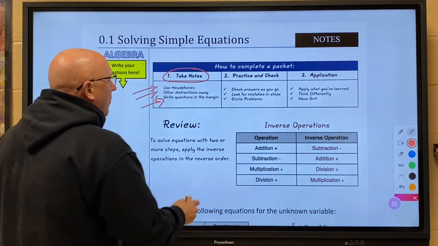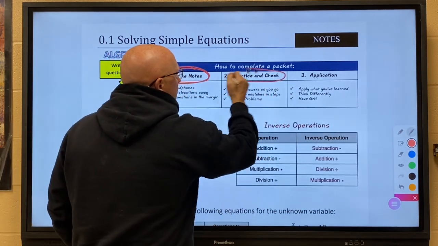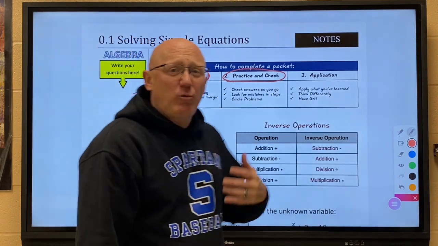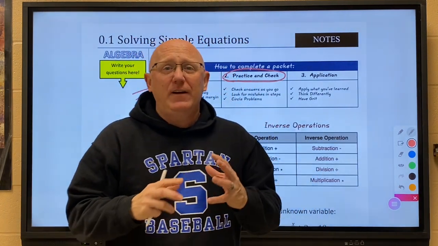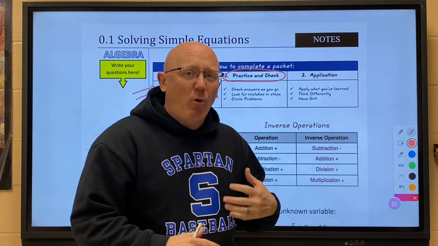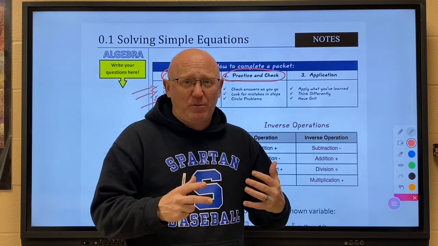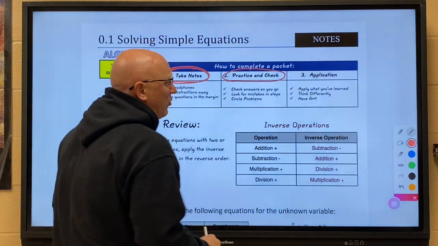And so beyond the taking of the notes, then we will be doing practice and checking our answers as we go. We're going to be looking for mistakes, common misconceptions, and hopefully in that process, you will be more fluent in solving equations, one and two-step equations. And so that's what this first lesson is really all about.